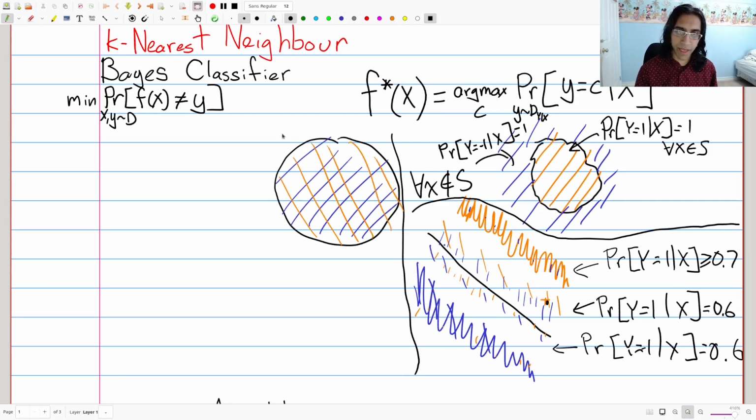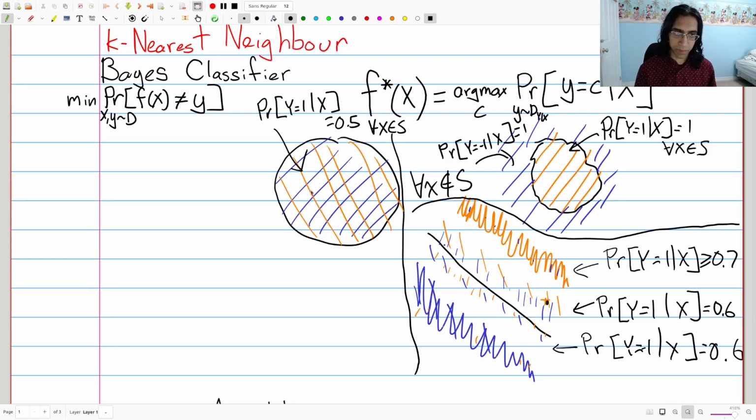And all I want to say is that suppose in this case the probability that y is equal to 1 conditioned on x is equal to, say, 0.5 for all x in the set. If this were true, then that means that the position where it is in the space doesn't tell you anything about what the label will be. It's a 50-50 chance. It's just a coin flip no matter where you are.